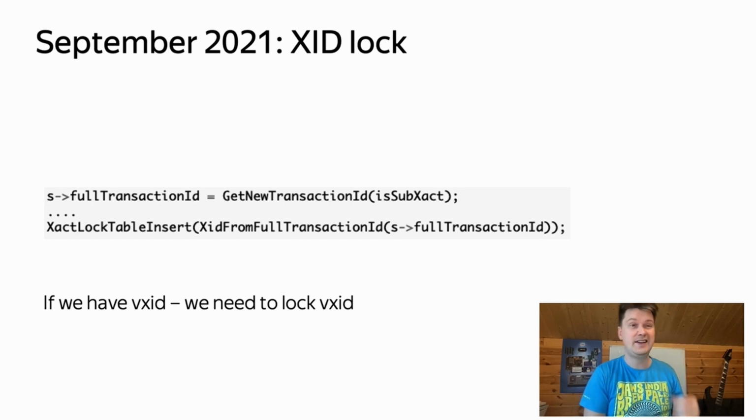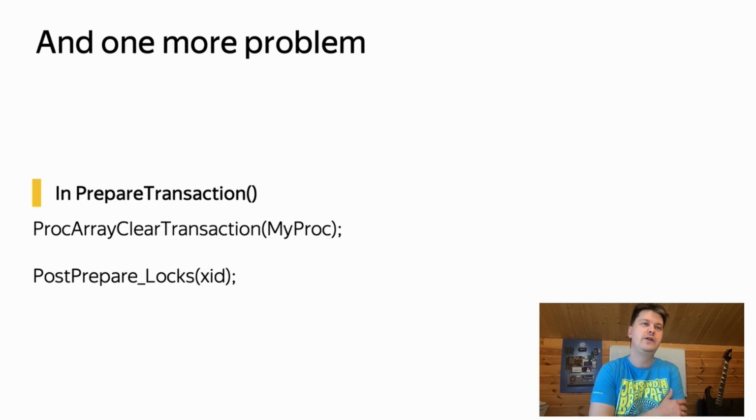We couldn't easily convert a virtual transaction to a real transaction. If we saw some transaction as a virtual transaction, we had to lock its virtual transaction ID. And another problem was found: when we are preparing a transaction, we have to move locks from one proc array item to another proc array item, because regular transactions are the prefix of the proc array, and prepared transactions are the suffix of the proc array without overlap.